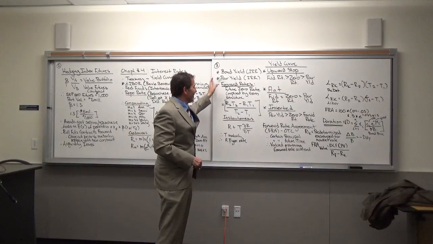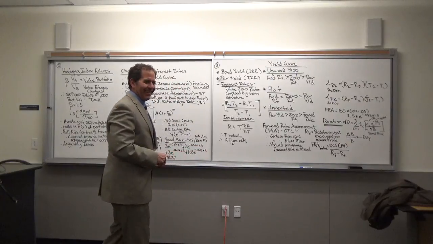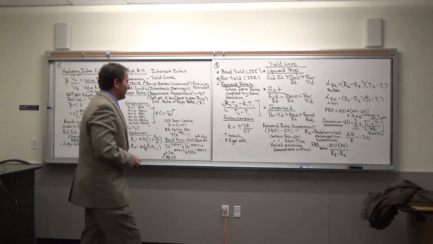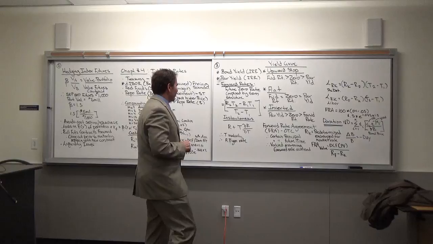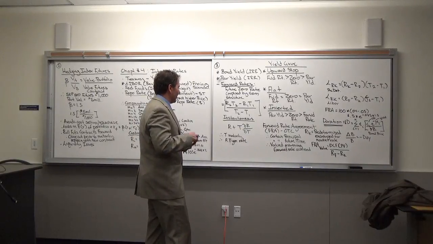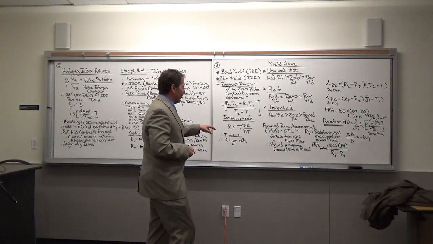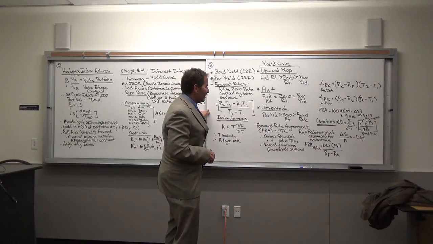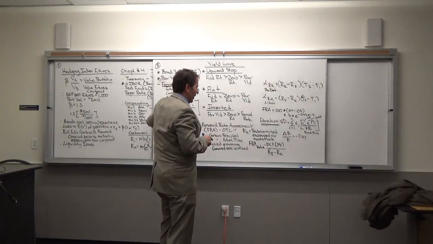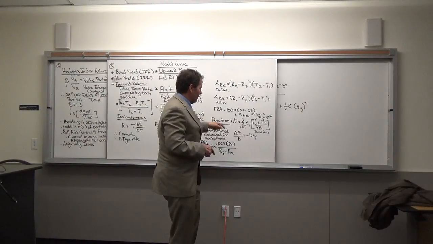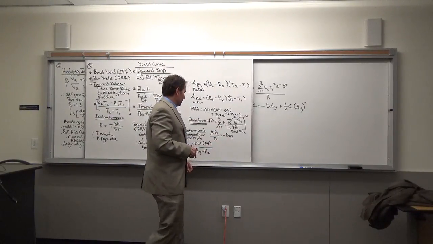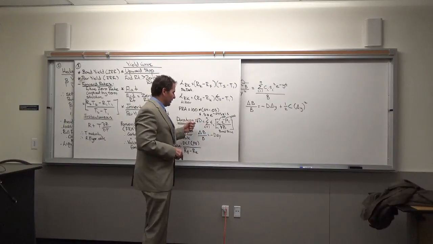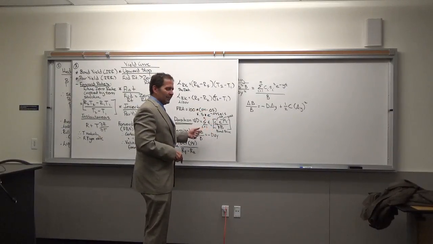The bond yield, the par yield, or IRRs, forward rates, future zero rate implied by the term structure. We already went through a lot of this. To talk a little bit about the duration, when interest rates go up, bond prices go down, duration goes up. When bond prices go up, duration goes down.